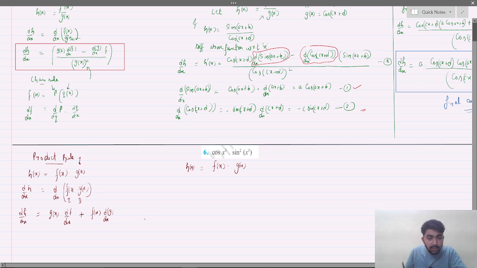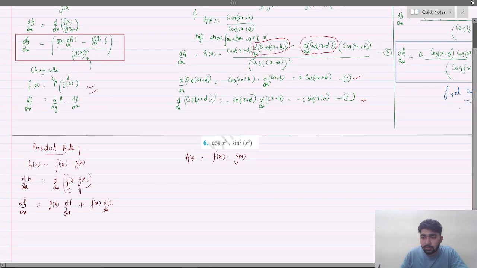And again here you can see f is expressed as a composition function, and g is also expressed as a composition function. So again we need to apply the chain rule. Chain rule is very important in the whole of differentiability, and also in application of derivatives and in the integral chapter, because the chain rule is applied everywhere. So please focus on the chain rule: what is the outer function, what is the inner function, the derivative of the outer function with respect to the inner function, and then the derivative of the inner function.